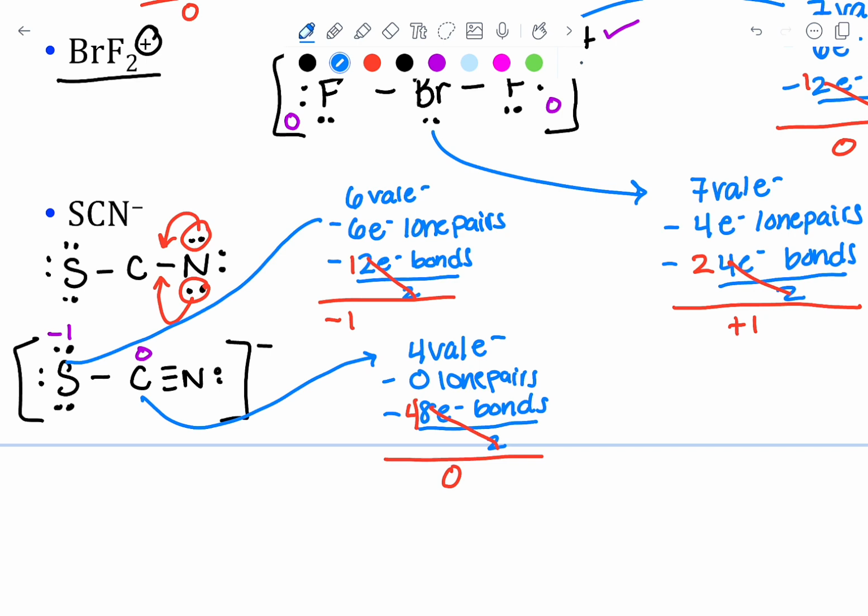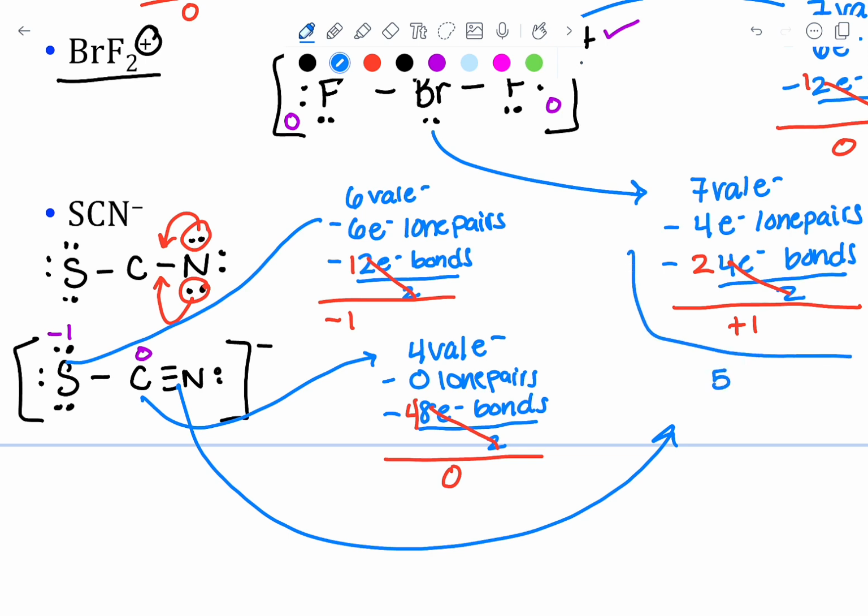Next up, we have nitrogen, which I'm going to move all the way over here. Sorry, I don't have enough room. Nitrogen has 5 valence electrons, currently has 2 electrons in lone pairs, and 6 electrons in bonds, which we divide by 2 because they're shared.